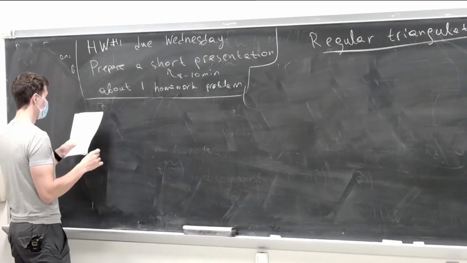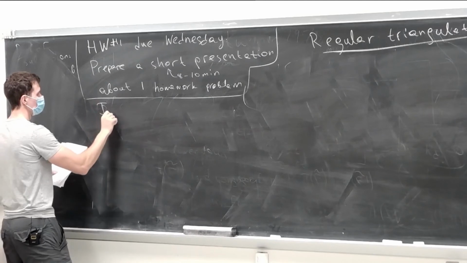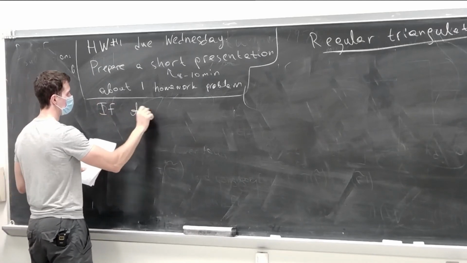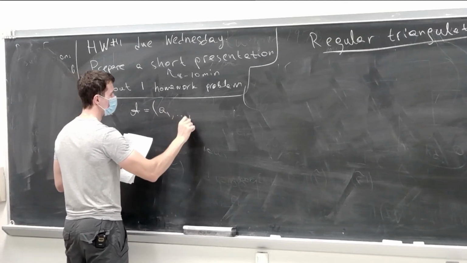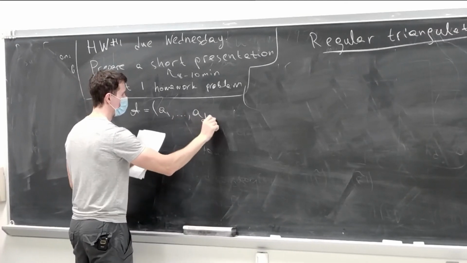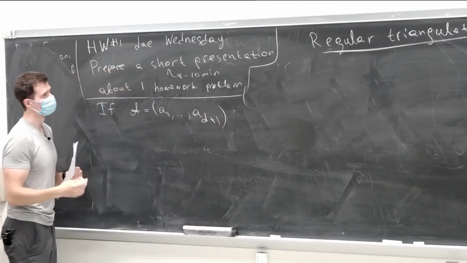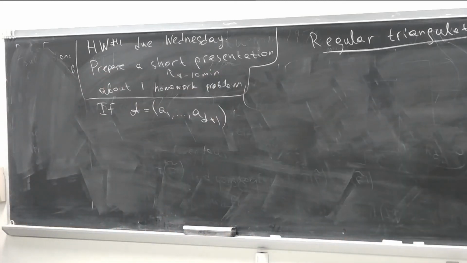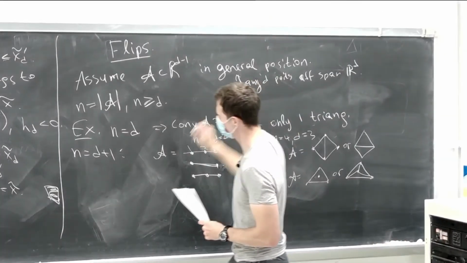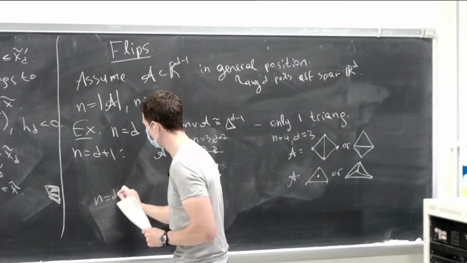All right. So let's say A is a bunch of points, A1 up to A d plus 1. And in that situation, let me make a definition here. With all of these assumptions, points have to be in general position, and n is equal to d plus 1.